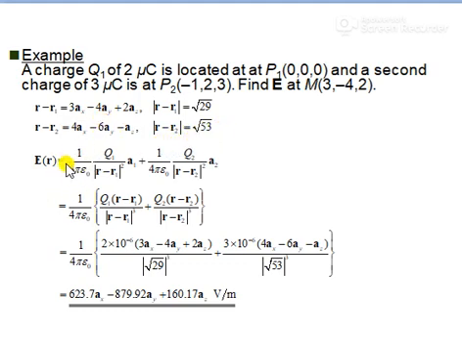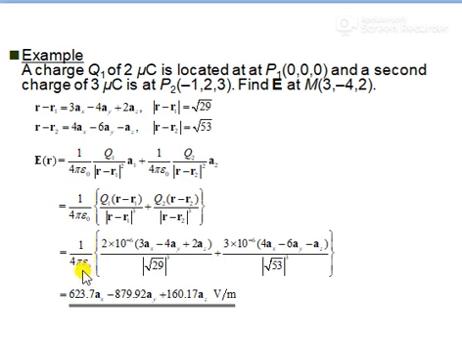Now the total electric field intensity E is 1 by 4 pi epsilon naught Q1 by modulus of R minus R1 square A1 plus 1 by 4 pi epsilon naught Q2 divided by modulus of R minus R2 square A2. 1 by 4 pi epsilon naught is taken common.